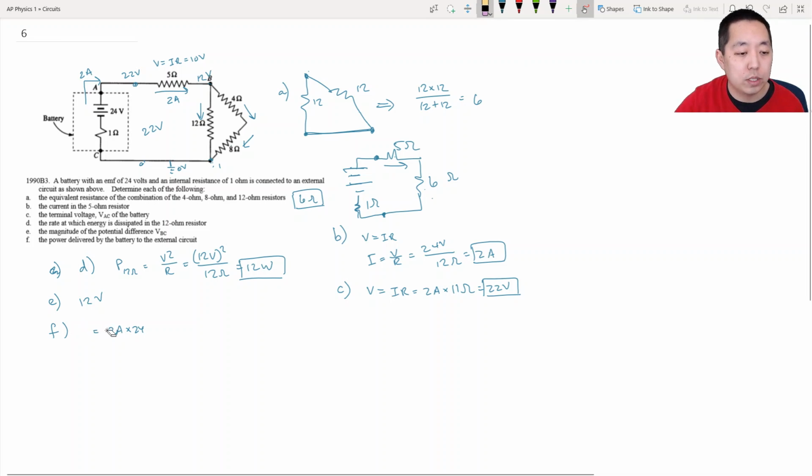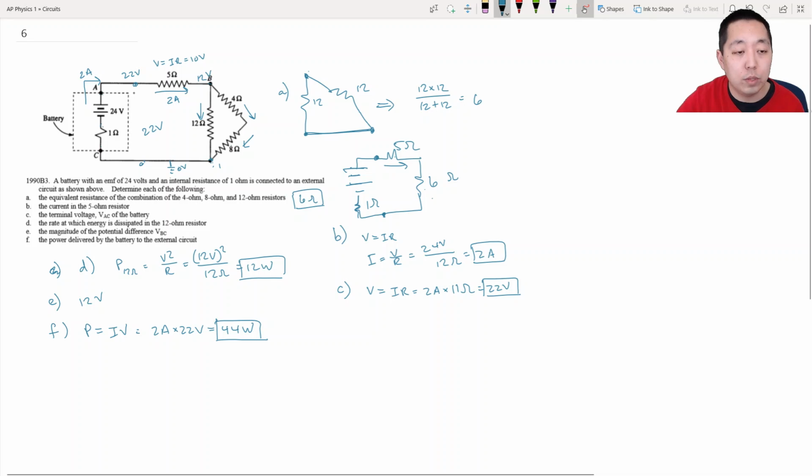I want to look at just the voltage across the terminals of the battery, not the voltage source, but the terminal volts. And the reason I do that is if I look at just the voltage here, I'll be counting some of the battery that's being used by the battery itself, and I don't really want to do that. So I'm going to do 2 amps times 22 volts. So it's equal to 44 watts.